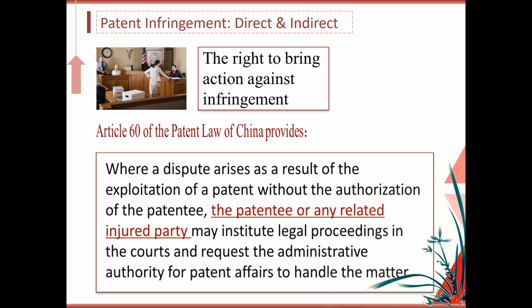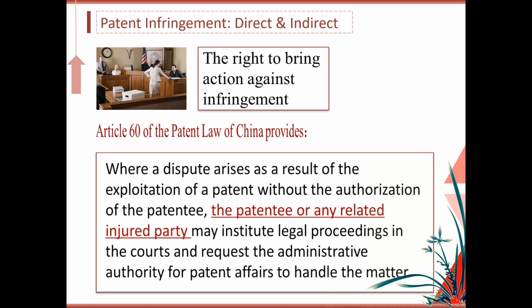Under current Chinese law, it is clear that a patent owner, the patentee, for sure has a right to bring action suing those who are committing or conducting infringing acts defined under patent law. However, the scope of a related injured party is not well defined under the current law. Therefore, in practice, the court has developed a set of specific rules.